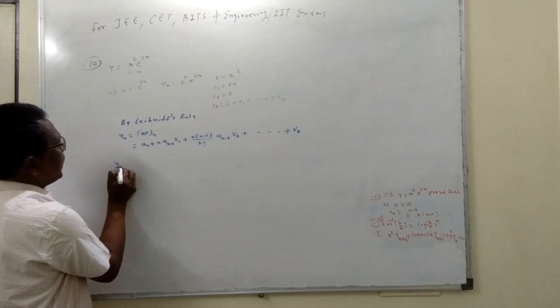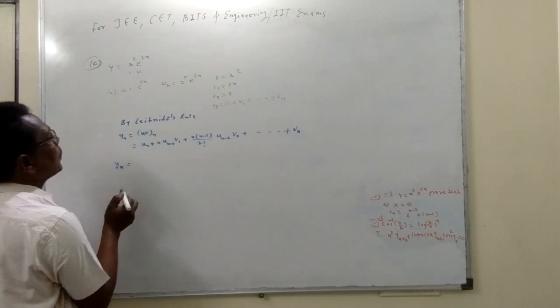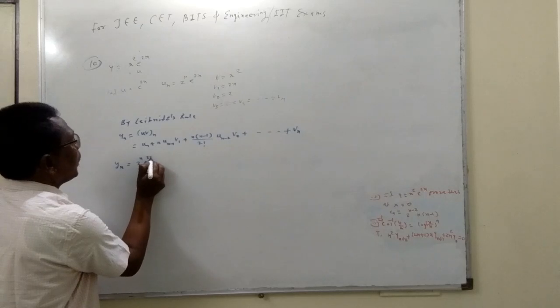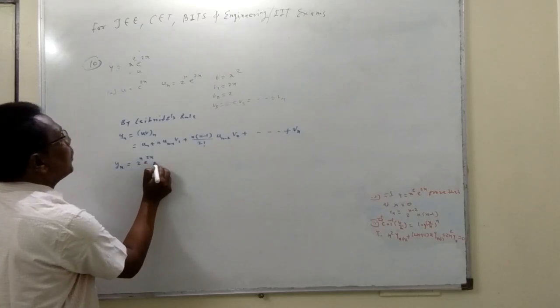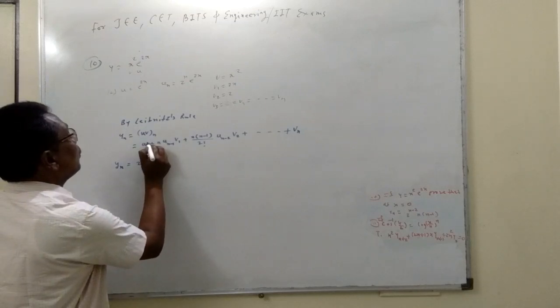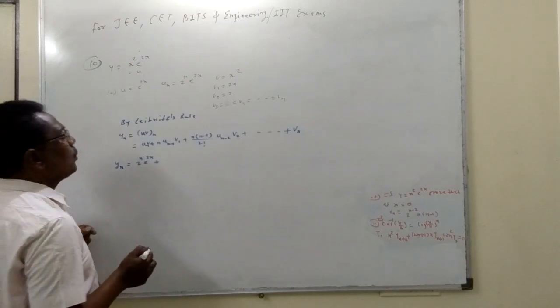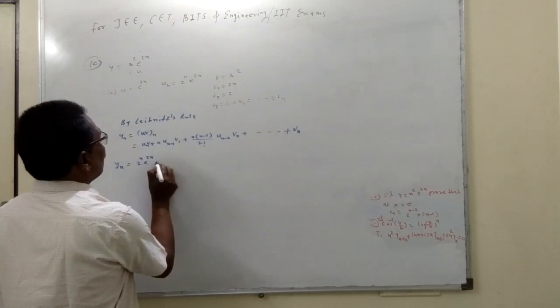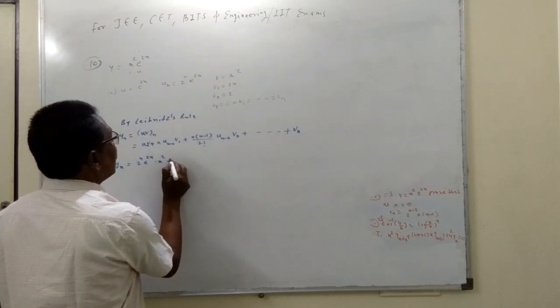So y_n is equal to u_n, which is 2 raised to n e raised to 2x, into v, which is x square, plus n.